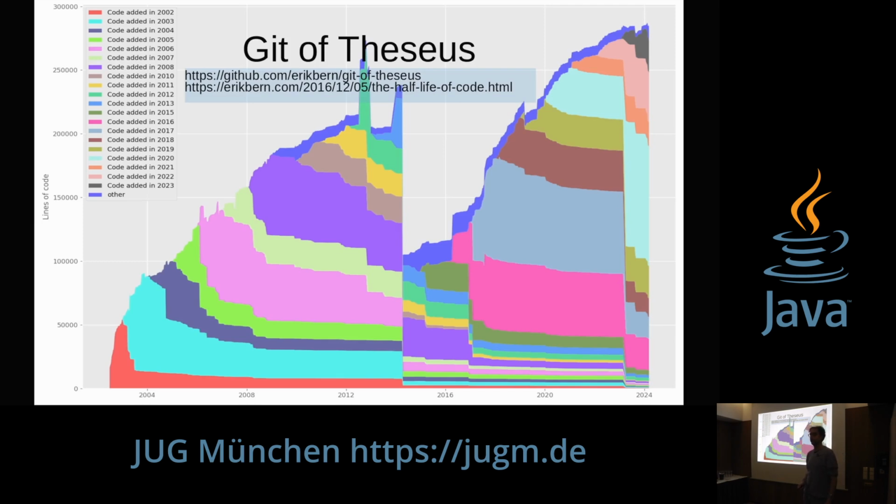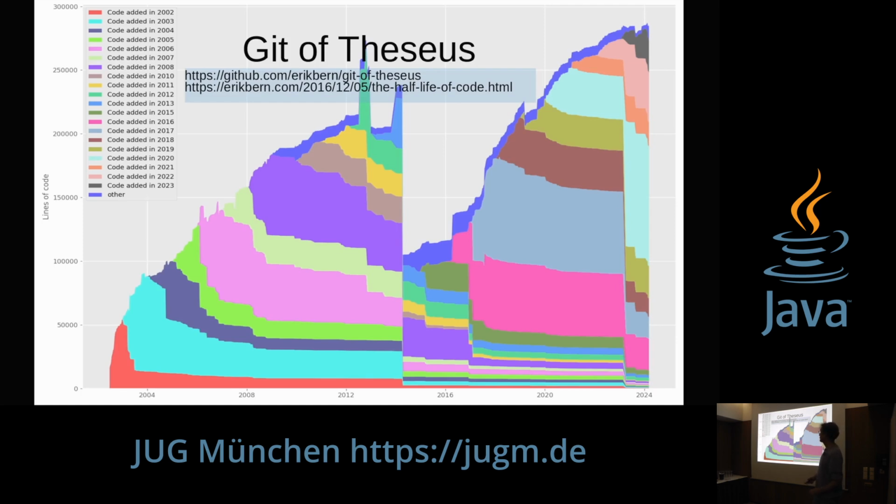It's the ship of Theseus where this comes from. You have a ship, and over time you repair the ship, replace parts of it, and after a couple of years you have replaced every single part of it, and in the end, is it still the same or not? You don't know. And this is what this analysis tries to figure out a bit.